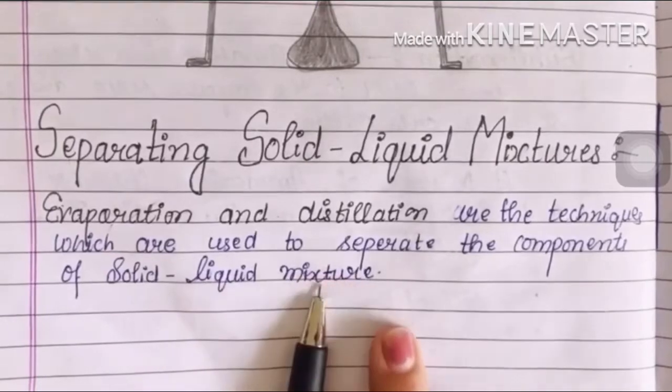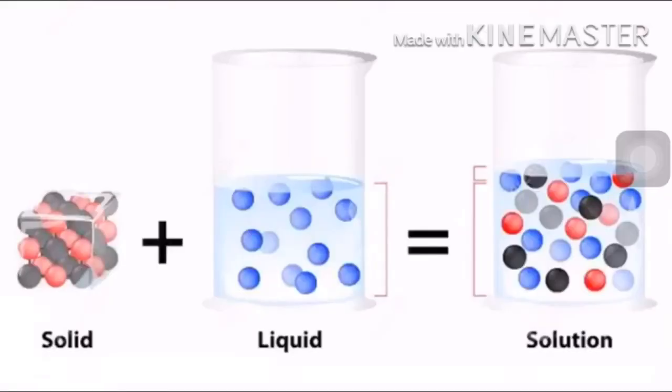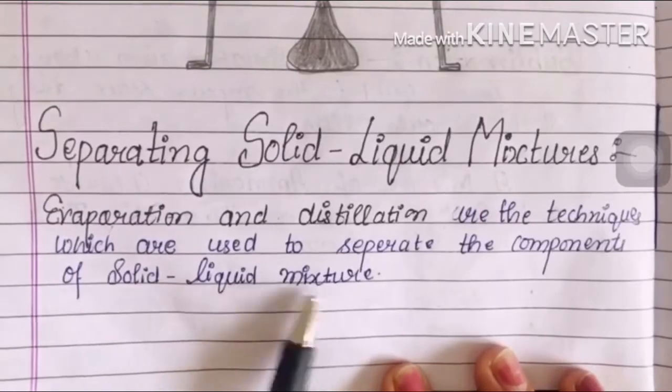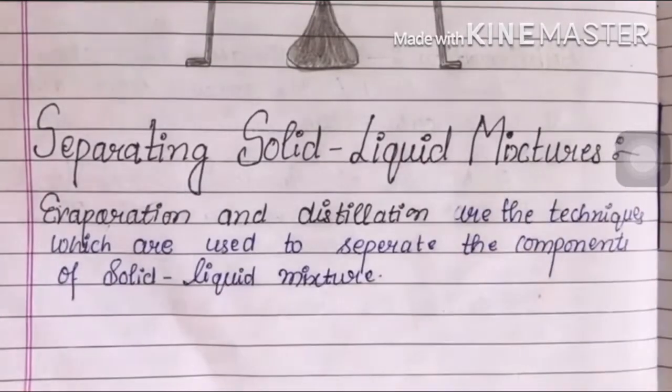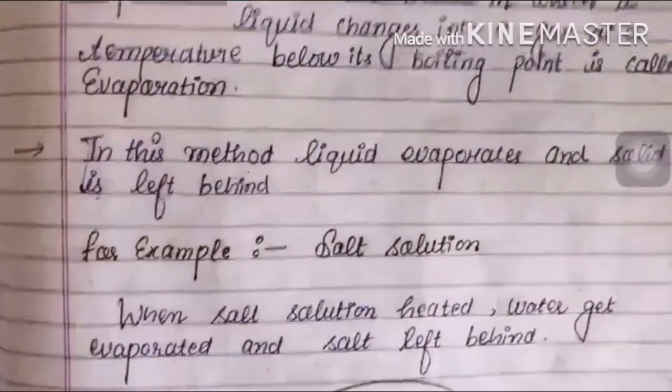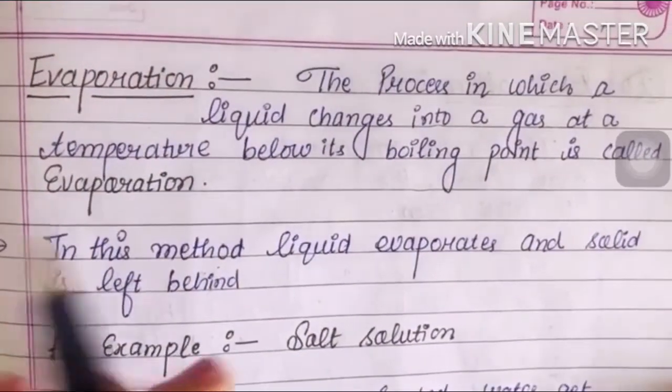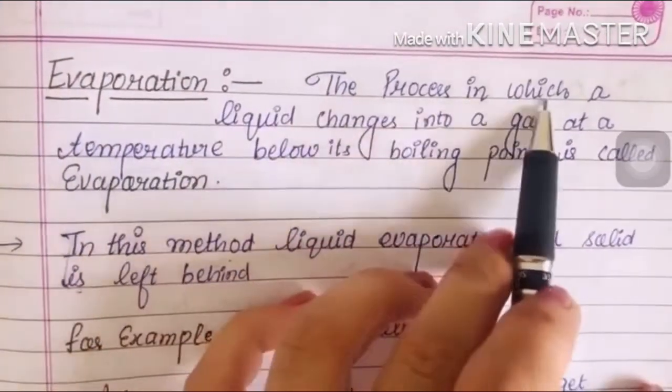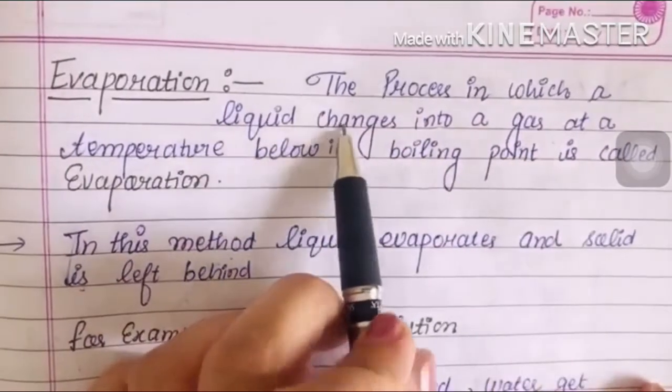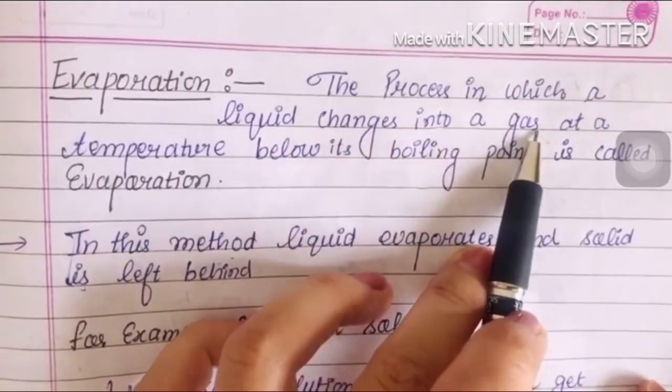Solid liquid mixture means a mixture in which both solid and liquid are present. That mixture is called the solid liquid mixture. So firstly we will see evaporation, the process in which a liquid changes into a gas.